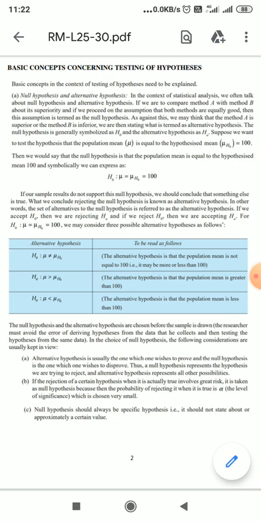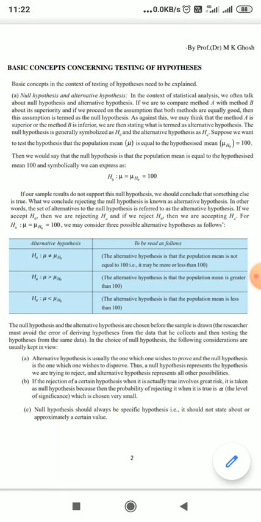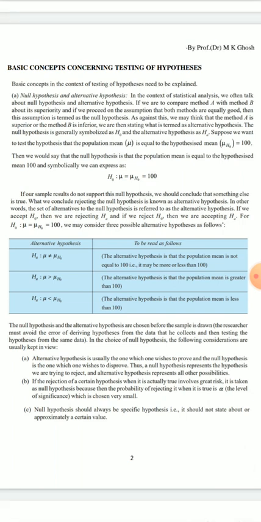In other words, the set of alternatives to the null hypothesis is referred to as the alternative hypothesis. If we accept H0, then we are rejecting HA. If we reject H0, then we accept HA.